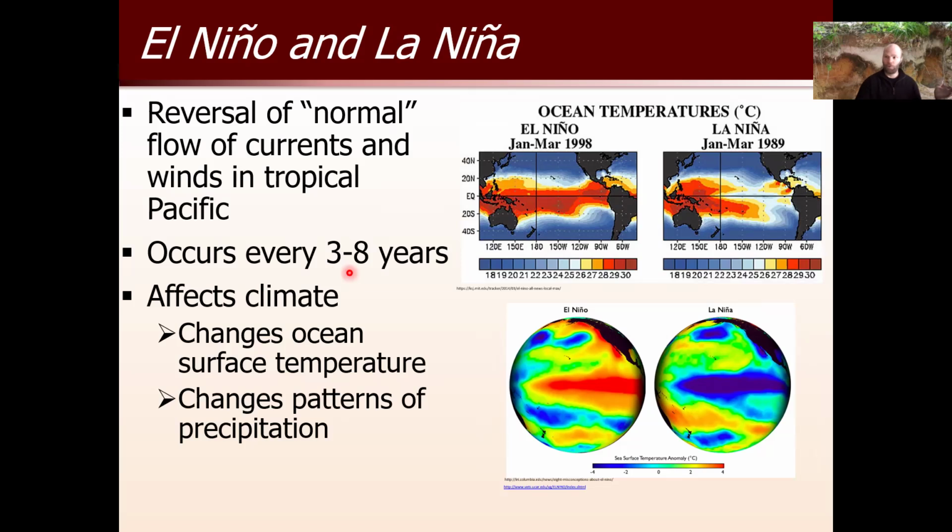Ultimately, every 3 to 8 years, just think every few years or so, there often is this reversal of normal at the equatorial region, meaning surface ocean temperatures near the equator in the Pacific are either colder than average or warmer than average.